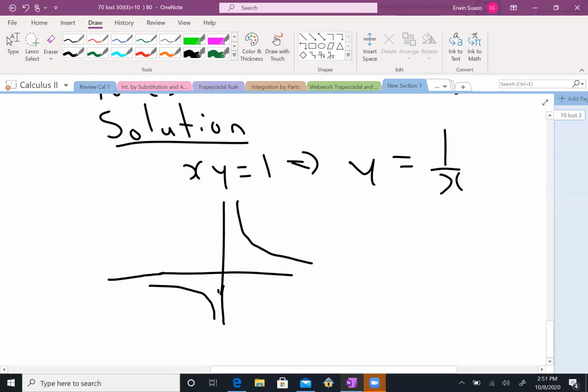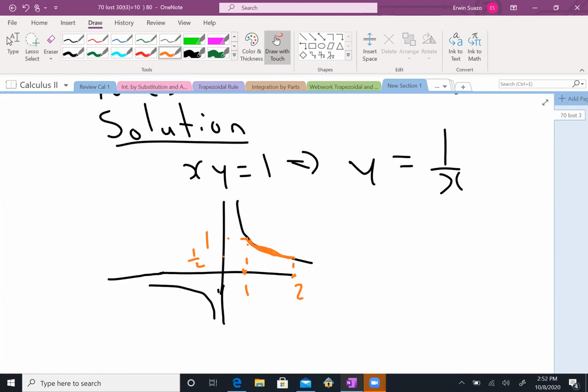If I plug in 1, this is 1, and if I plug in 2, this is 1/2. So this is the arc length that I need to find.